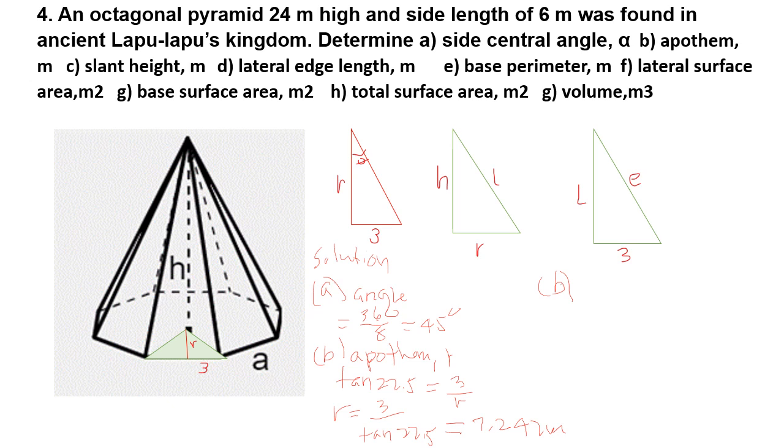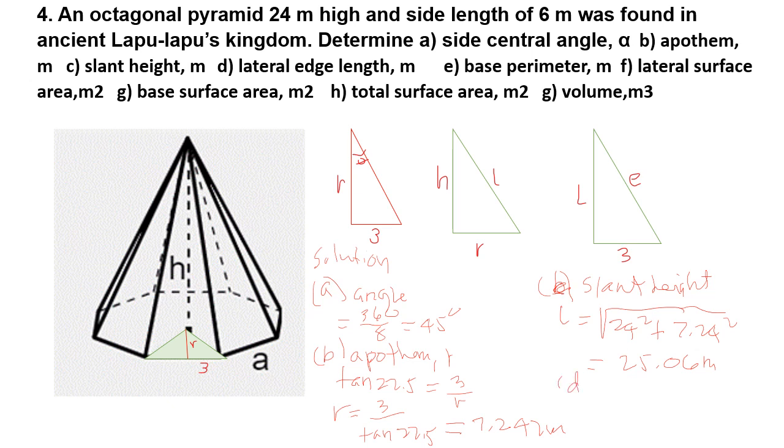Letter C, slant height. L is equivalent to the square root of 24 squared plus 7.24 squared, equivalent to 25.06 meters.